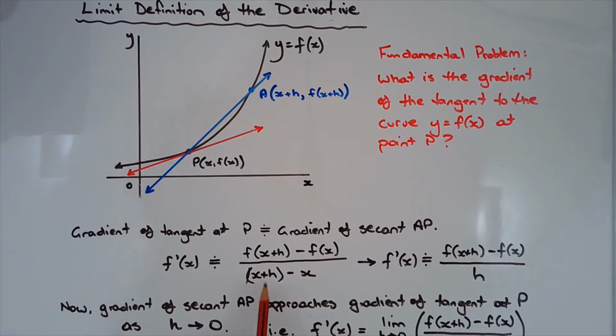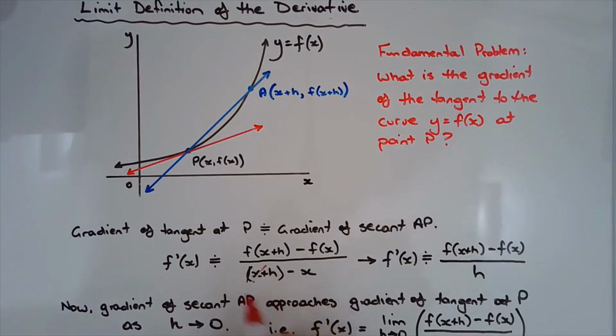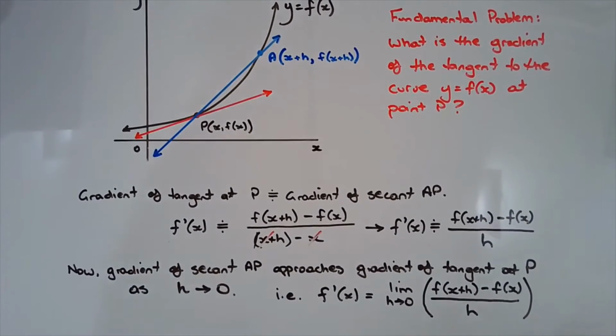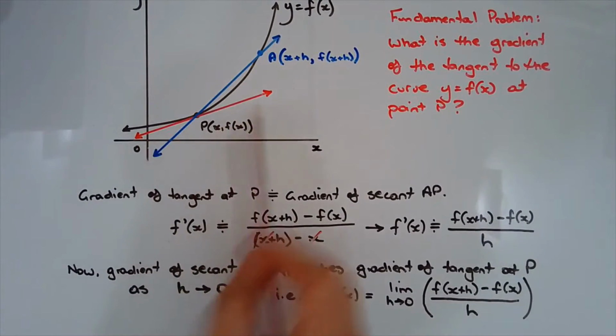Now, of course, in the x plus h minus x, the x's cancel, so we can cross those off. And we end up with f'(x) is approximately equal to (f(x plus h) minus f(x)) over h.